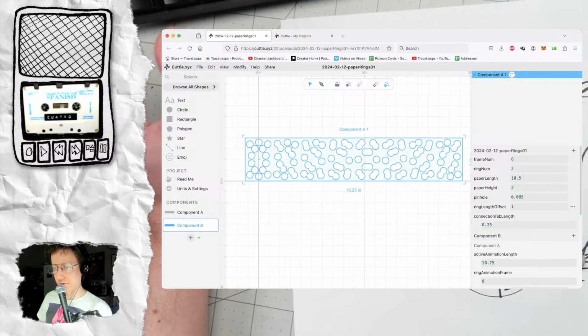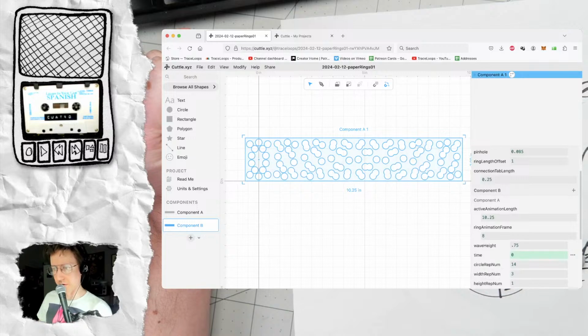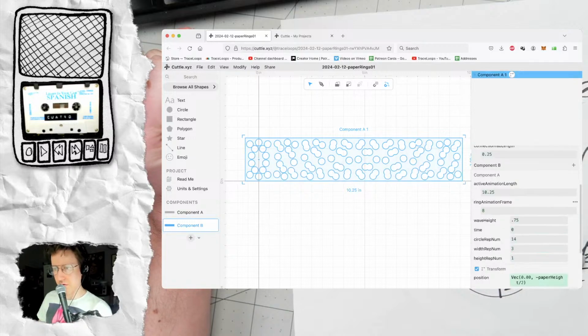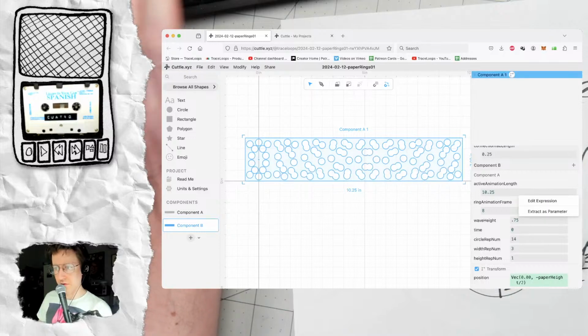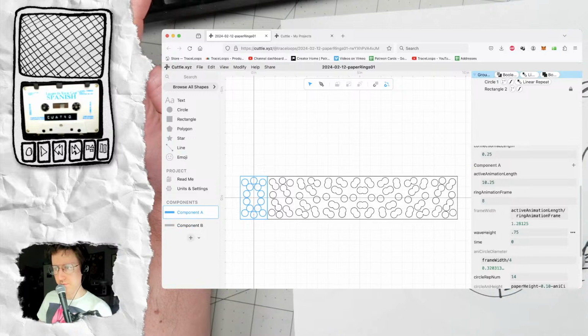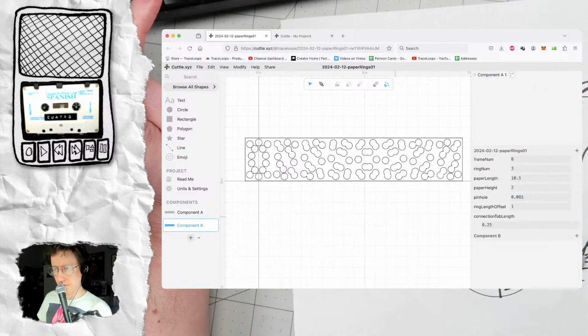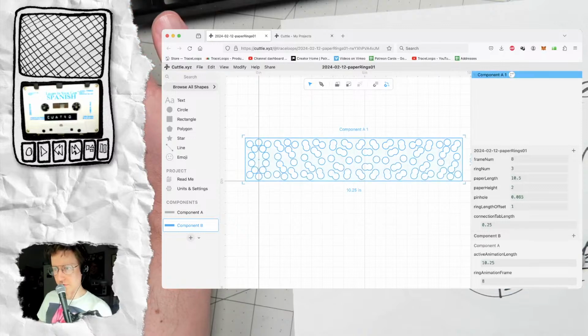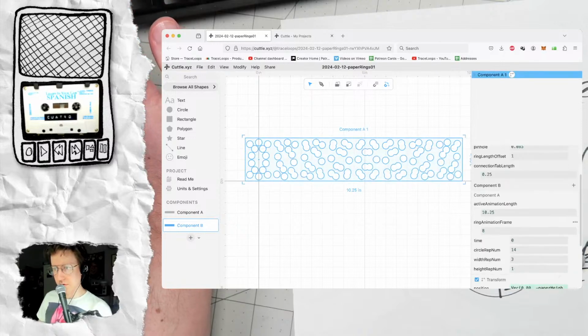I think there are things that need to be embedded that are not. Let's revert to default value here. Wave height. This isn't used at all. So if I select this one, active animation length.